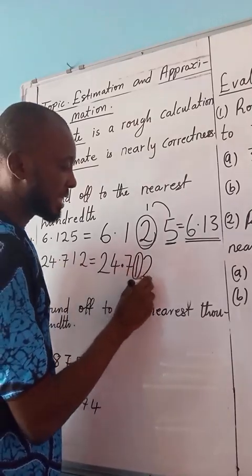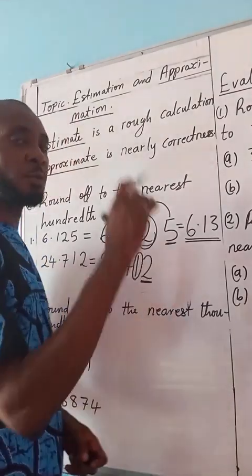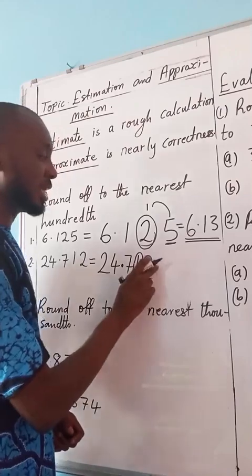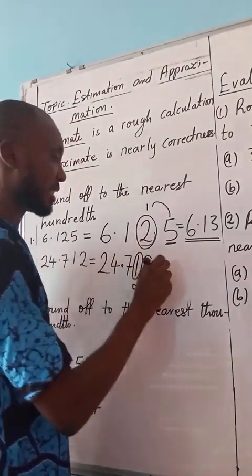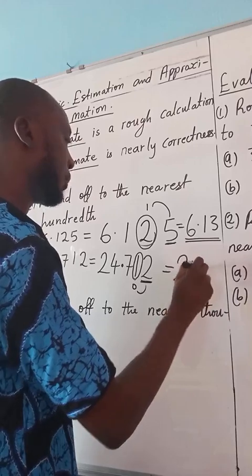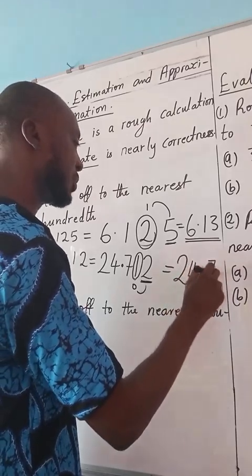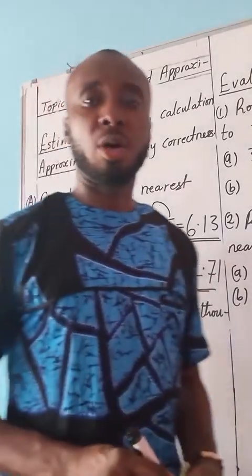So this is now the determinant factor whether to round up or down, because it is from 4 below you round down, and this one is in that category. Therefore, we'll round down and add 0. So the answer will now be 24.71. I've rounded it up to the nearest hundredth.